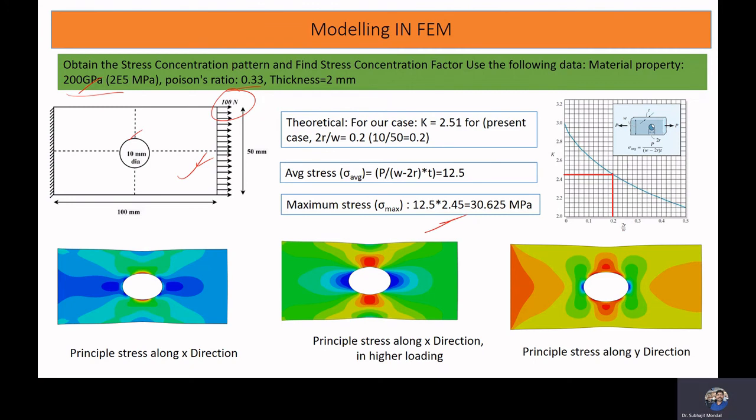We know the average stress acting here, and if we perform finite element analysis, we can find the maximum stress occurring here. Taking the ratio, we get the stress concentration factor, and we can verify it with our analytical model. This part we will do first.